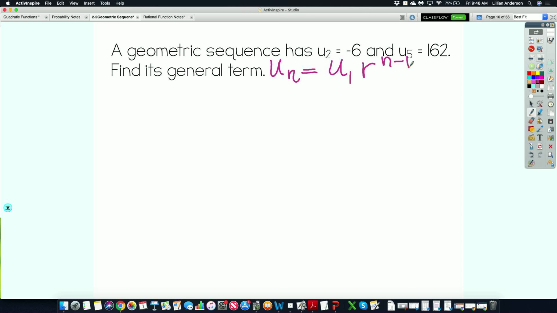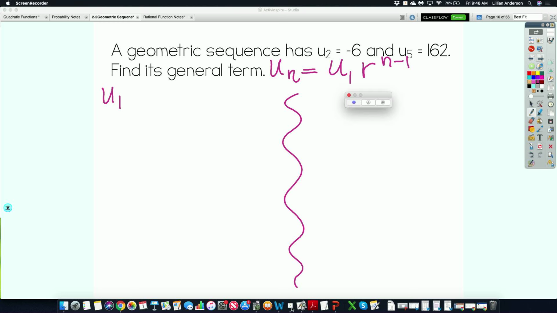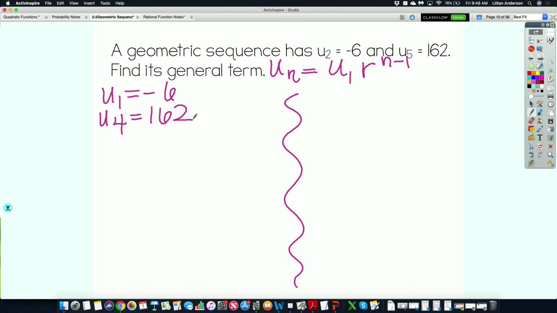Would you need to make U2 become U1 and then U5 would become U4? That is one way we can do it. So we're going to make U1 negative 6, and then U5 is going to be U4, and we'll have 162 here.